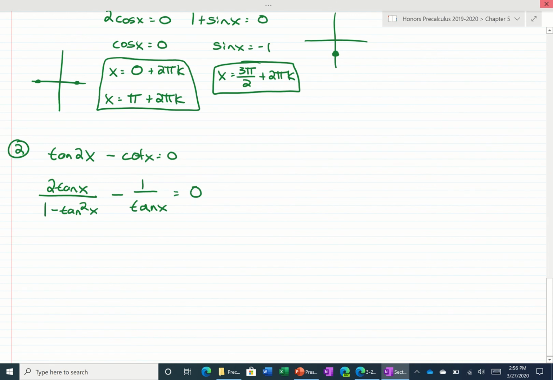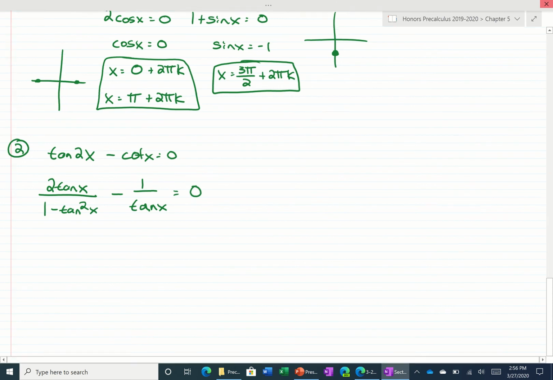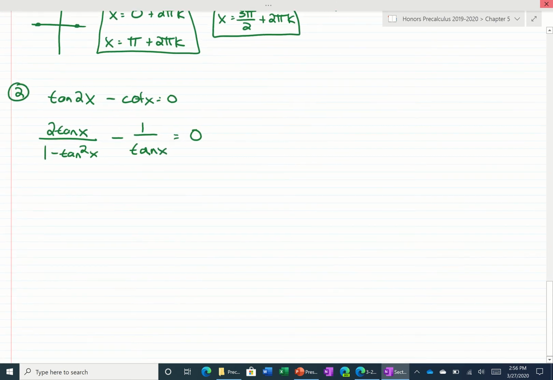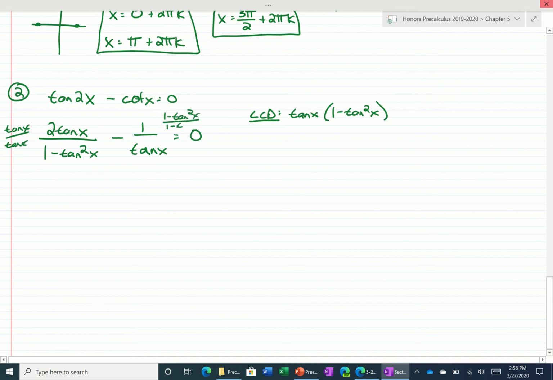So at this point, what I'm going to try to do is get a common denominator. This one's a little bit tricky. But usually if you don't know what a common denominator is, we just use both denominators and multiply them together. So that's what I'm going to do here. I'm going to multiply this one by tangent of x over tangent of x, and this one by 1 minus tan squared of x divided by 1 minus tan squared of x.